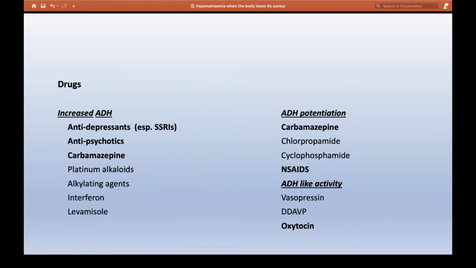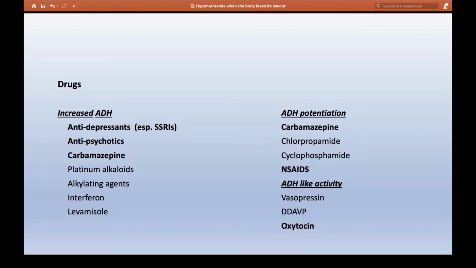Other than these, the other causes of SIADH include drugs, which are encountered more and more in our clinical practice. So you see patients coming with increased ADH, ADH potentiation or ADH-like activity because of drugs. Any kind of antidepressants, especially SSRIs, any kind of antipsychotic, lithium, or even drugs like carbamazepine can increase ADH.